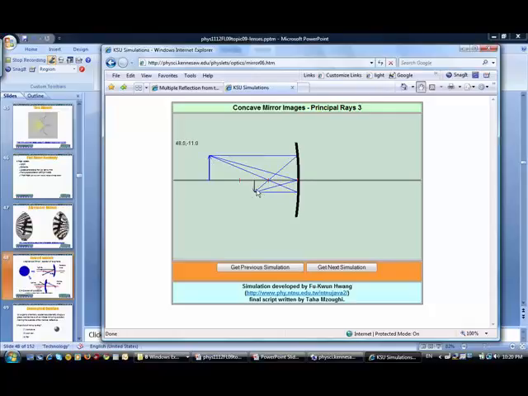The light beams are actually meeting here, so they are forming an image. So actually, if I put a film here, I should be able to get an image on that film. Also, you notice that that image is actually upside down, inverted. And it is smaller than my object.